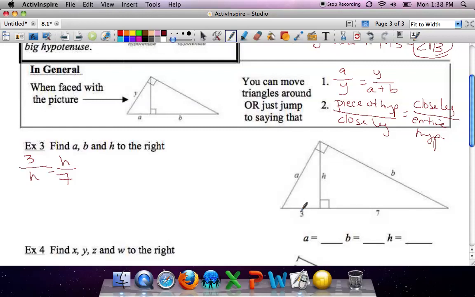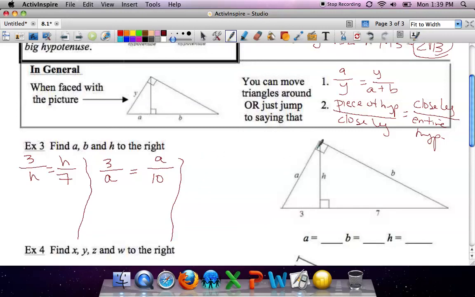A piece of the hypotenuse is to the altitude as the altitude is to the other piece of the hypotenuse. And the other one we just learned is that a piece of the hypotenuse, 3, is to the close leg, which is A, as the close leg, which is A, is to 10. So that's the second one.